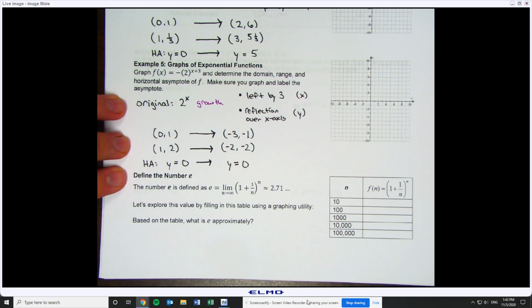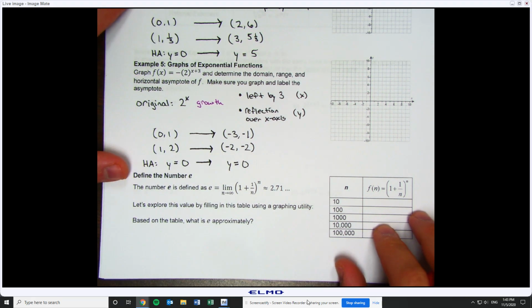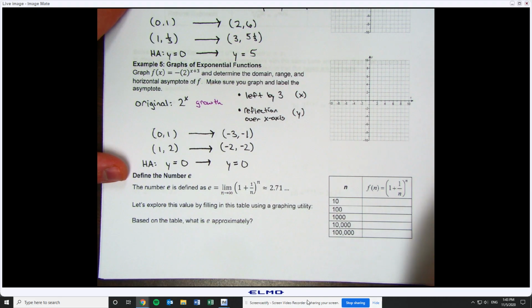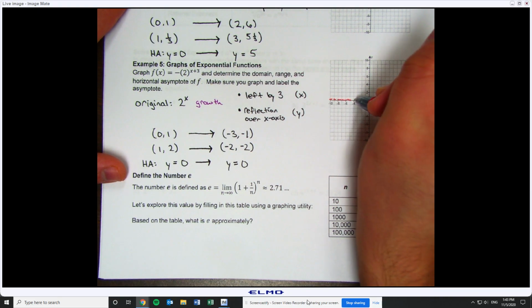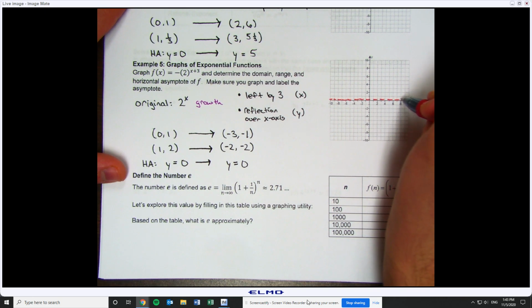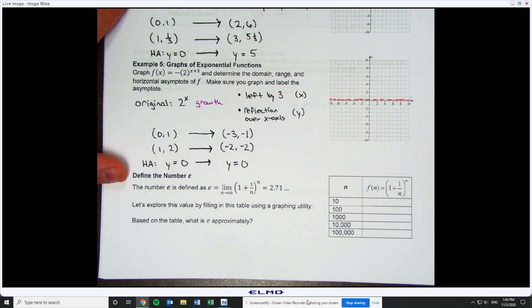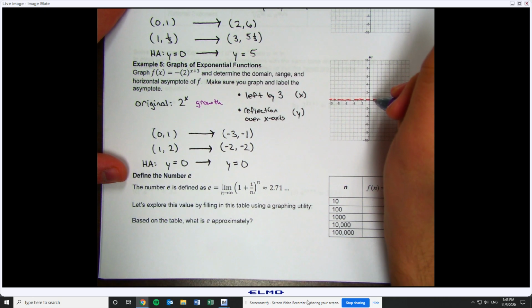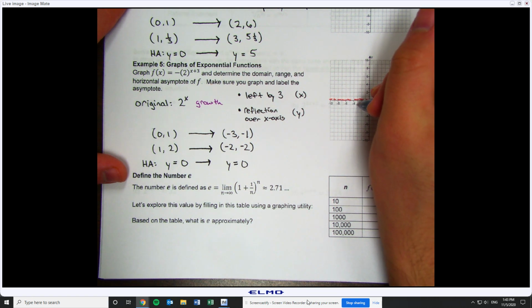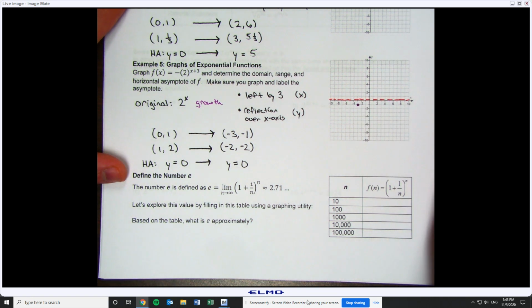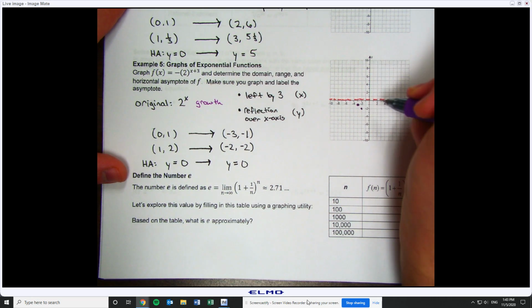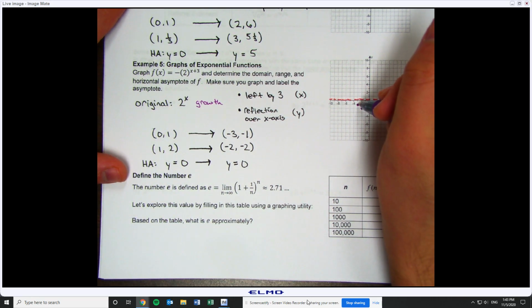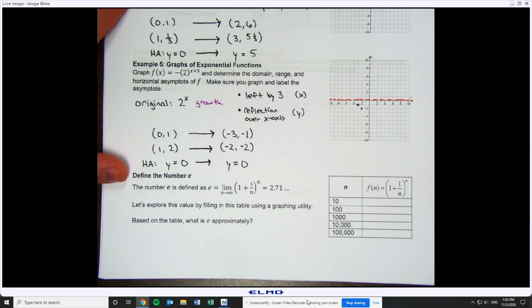Now I can go through and graph this sucker. And you have to be a little careful about this too. Starting with stuff we know, I can put my asymptote right here. Putting a point down, I have -3, -1. So -3, -1. And then -2, -2. Right here. Now, looking at this one, it looks like I go from here to here. So these points should get lower. That's what's going to happen.